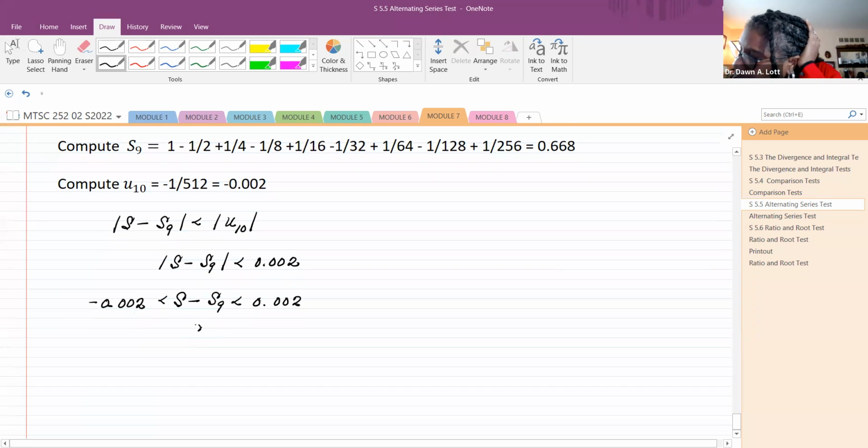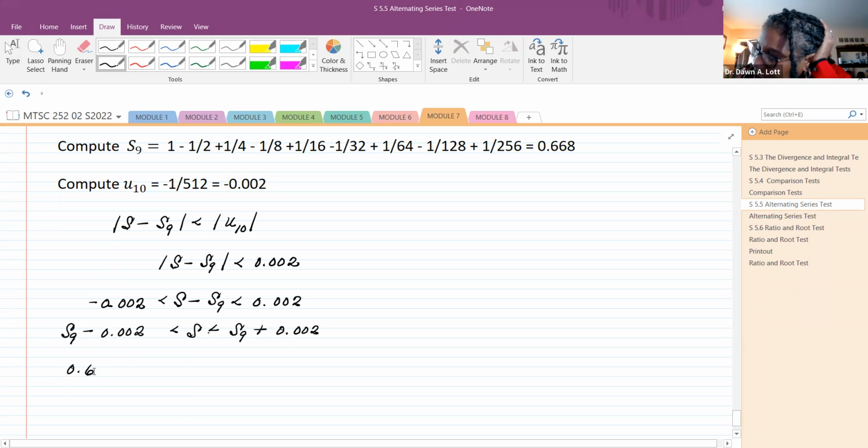Therefore, the true value of the series S is less than S9 plus 0.002, and it's greater than S9 minus 0.002. So now I get 0.668 minus 0.002 is less than the true sum of the series, and that's less than 0.668 plus 0.002.